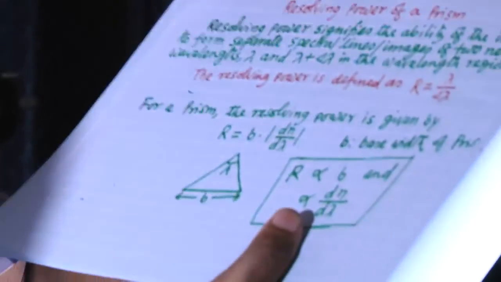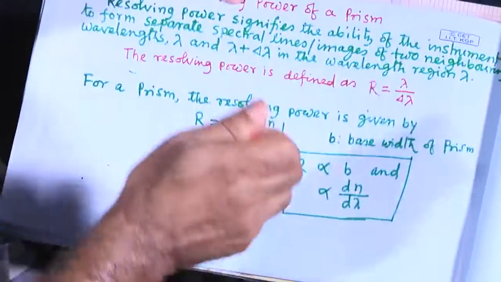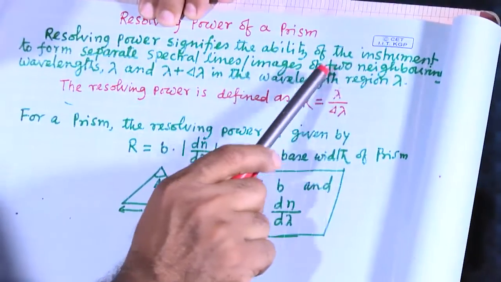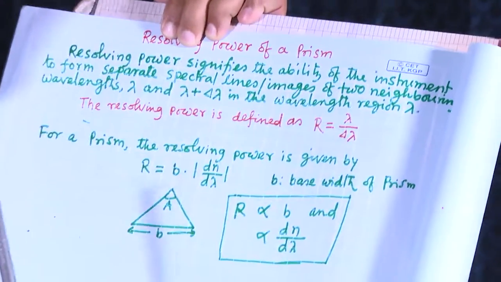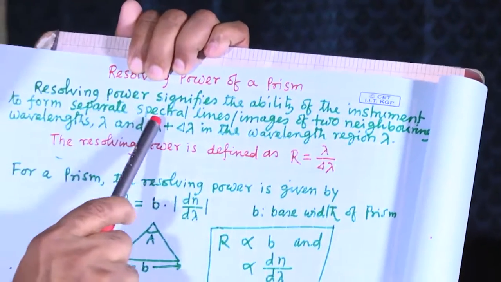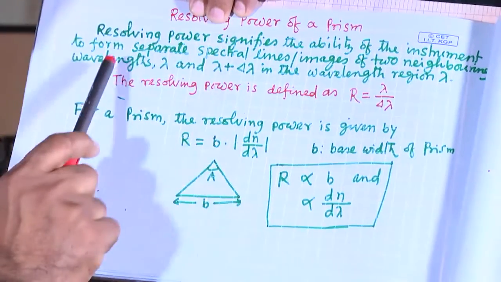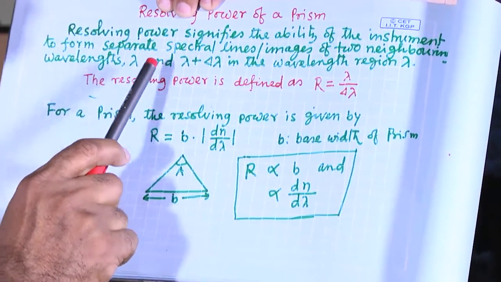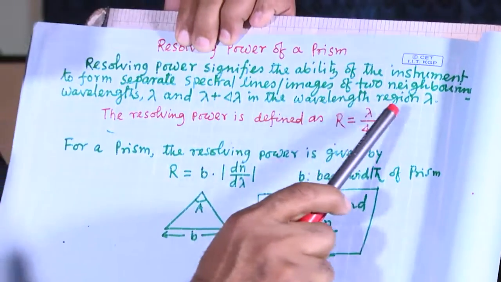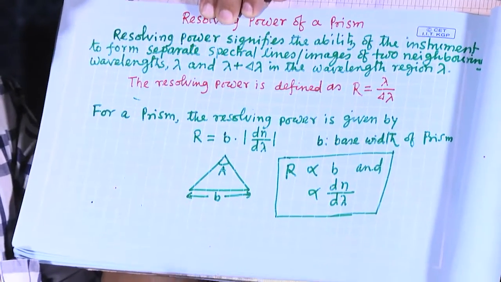Then next, the resolving power of a prism. What is the resolving power of a prism? Resolving power signifies the ability of the instrument, in this case our prism, to form separate spectral lines or images of two neighboring wavelengths lambda and lambda plus del lambda in the wavelength region lambda. What does it mean?